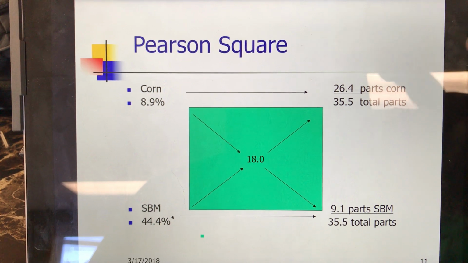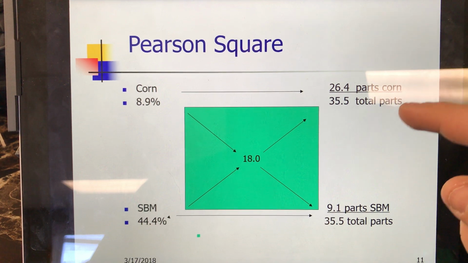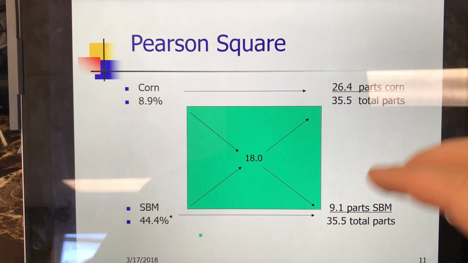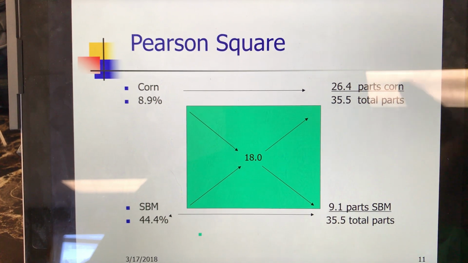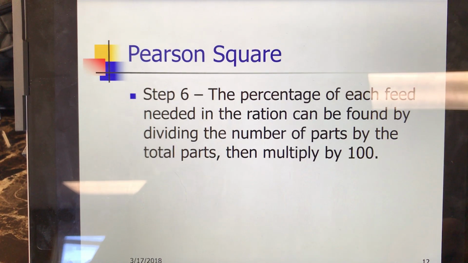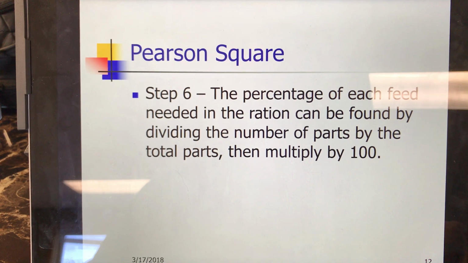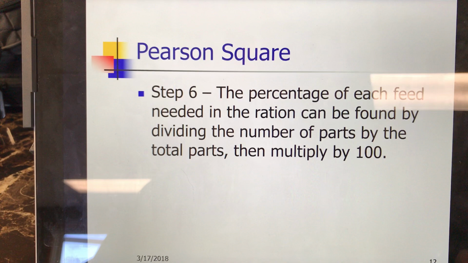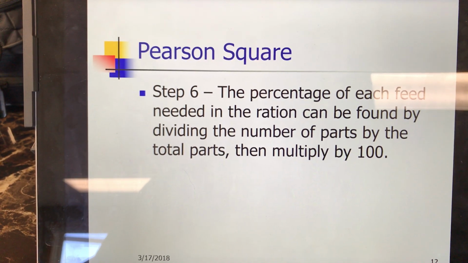So this 26.4, that was our parts that we just figured out, and we're going to divide that by our total parts of the whole thing, which was the 26.4 and the 9.1 added together. We're going to do that for each of these numbers. That tells you that you need to find the percentage, and basically you're finding the percentage of the total parts that each of those represents.